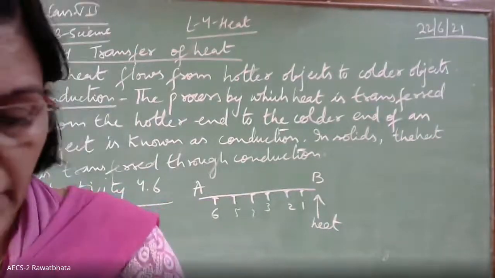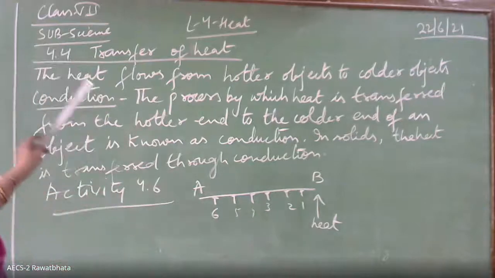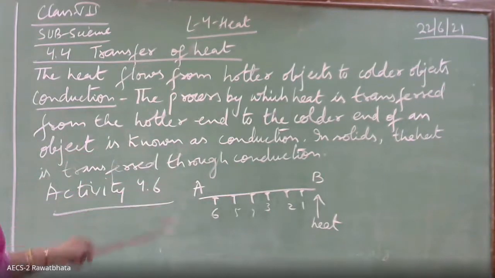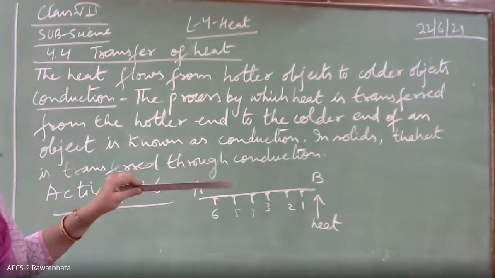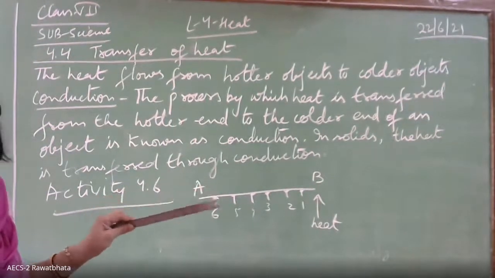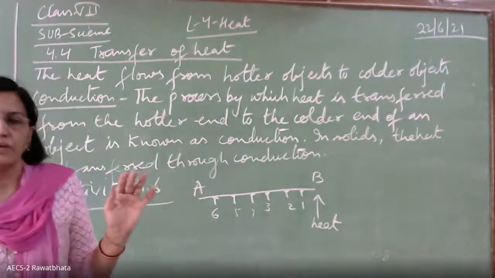There is no harm in telling you these things again while you are writing it. We have written the definition of conduction. That is the transfer of heat in any object from one end to the next end. After that, we discussed activity number 4.6. It says that we can take either this iron scale or any metallic scale, or maybe the remaining part of old antennas that we had.